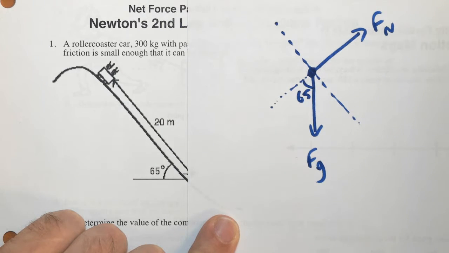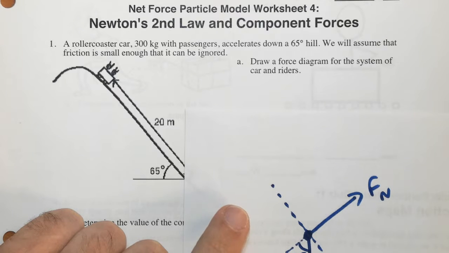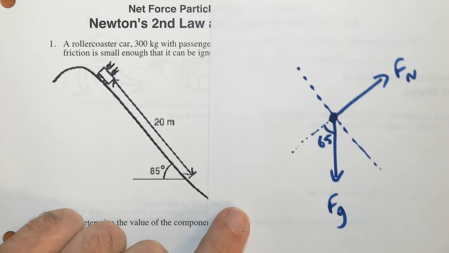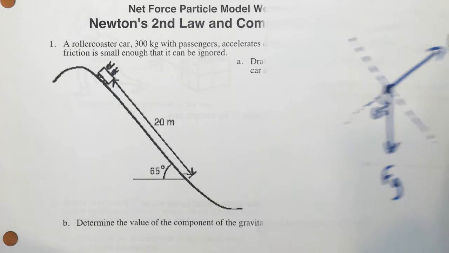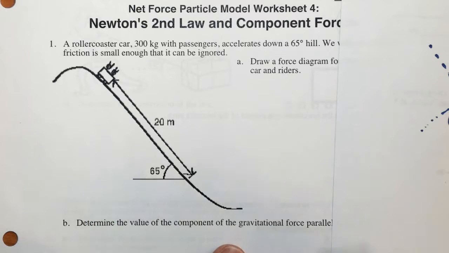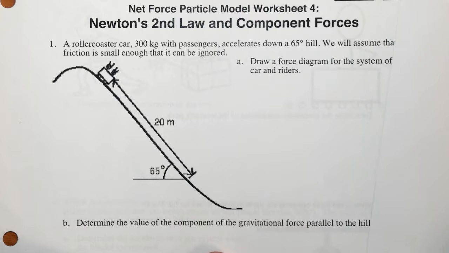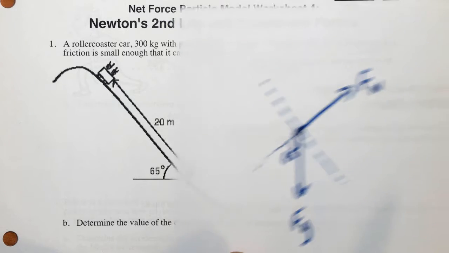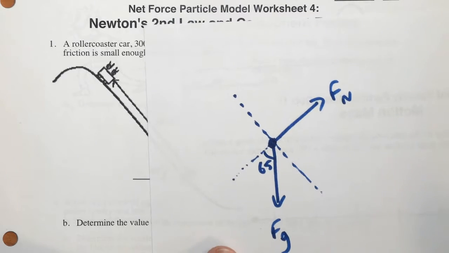Okay, now we can show what the question says. Draw a force diagram. Yes, we draw that. Determine the value of the component of the gravitational force parallel to the hill. So look at this here.